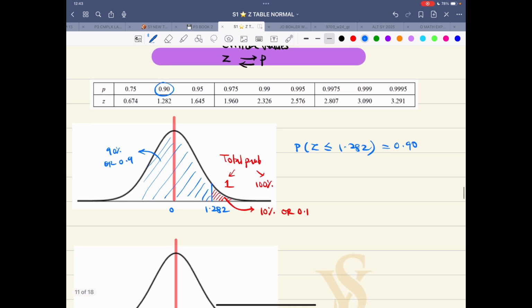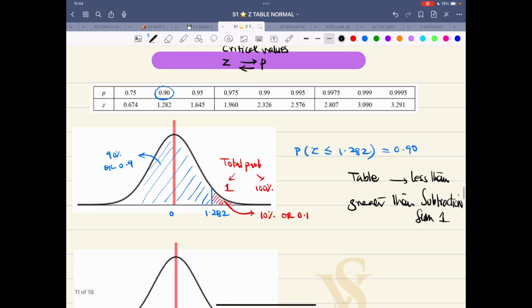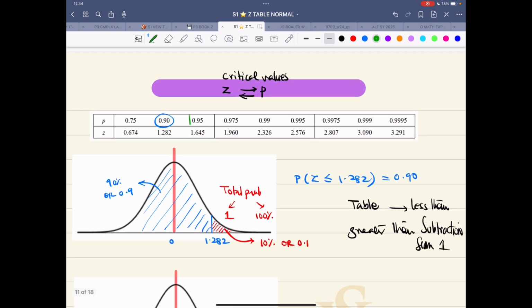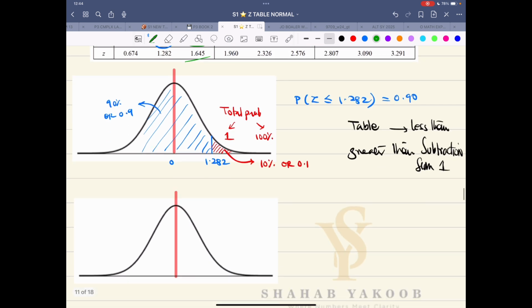That means this table will give you the probability less than, and if you want greater than, then use the concept of subtraction from 1 or subtraction from 100%. Keep that in mind.